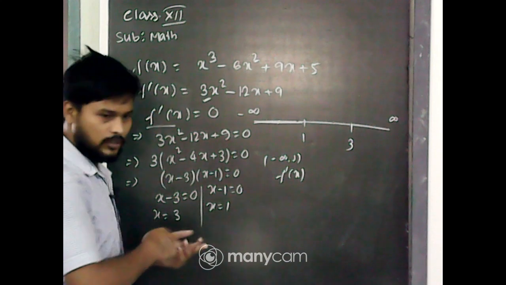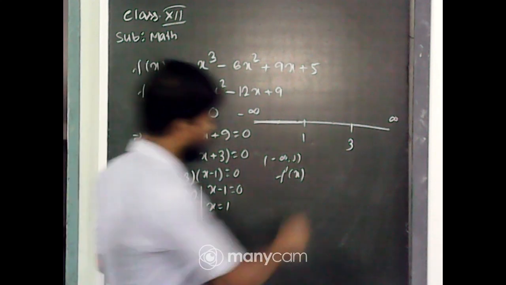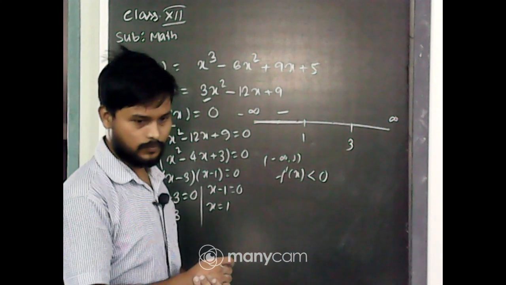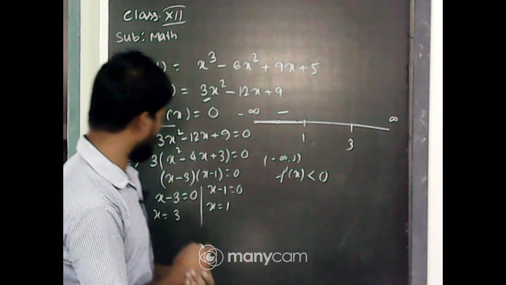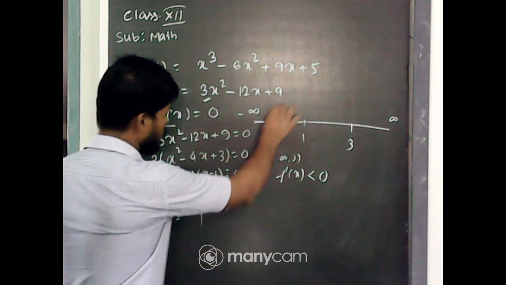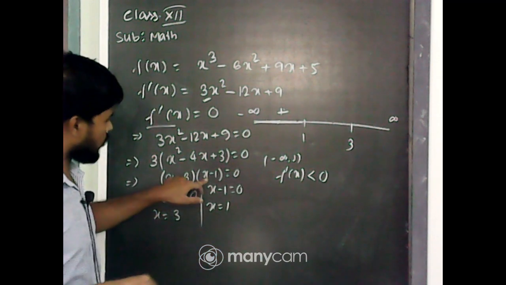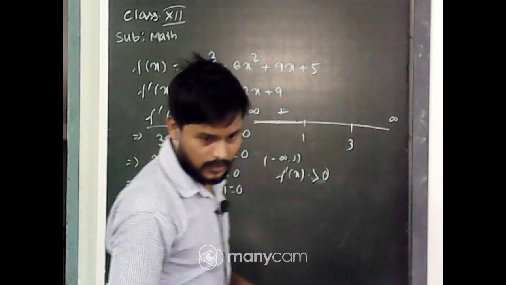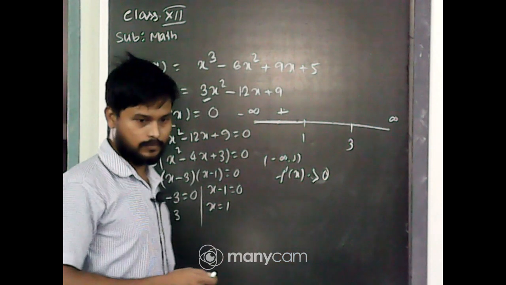So 8 into 6, the result will be positive, since this is negative and this is also negative. Shreya, the result will be positive, not negative.